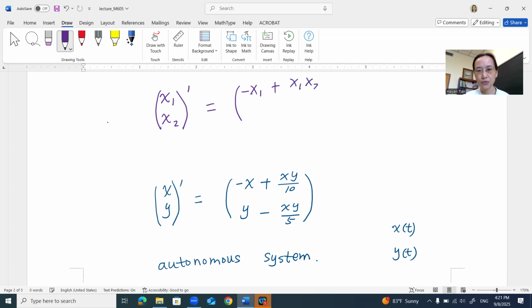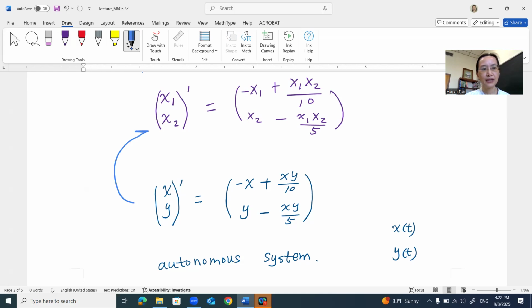So X1, X2, because we replace X and Y. So Y is now denoted by X2. As you can see here, this is simply a rewrite of the system. Yeah, they're the same, except I changed the name of the two dependent variables.